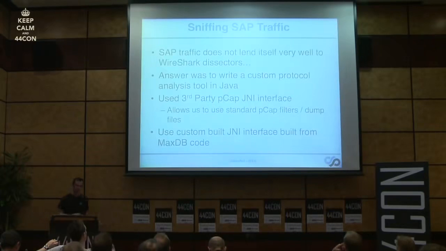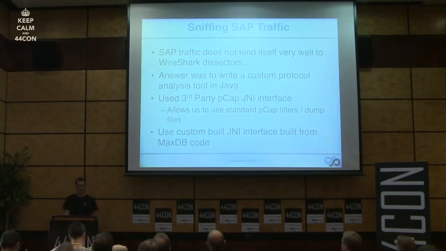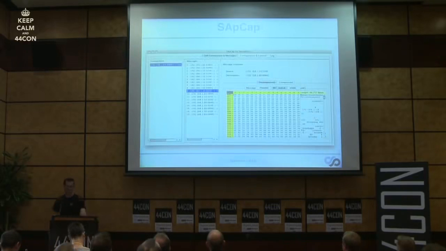I'm using a third-party Java native interface, a JNI PCAP interface, because this allows us to sniff directly from the network. We can also use standard PCAP filter strings and read standard Wireshark dump files, etc. Then we've built a custom JNI interface from the MaxDB code, which gives us a whole bunch of functions we can use to decompress information. Basically it looks like that. I sort of group connections together.